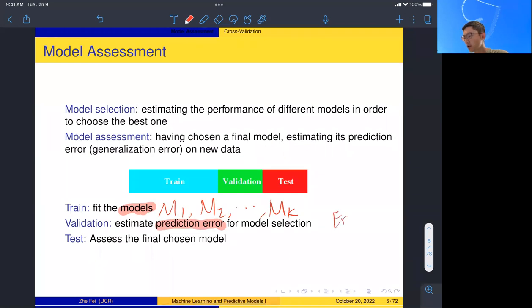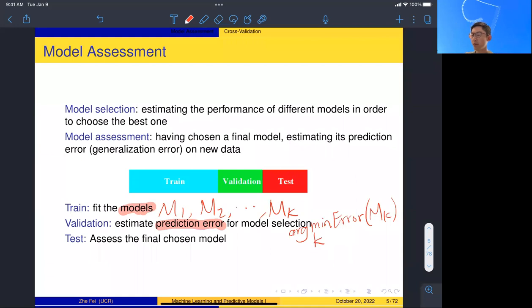In other words, you derive this error for your model MK, and you want to minimize it. It's the arg min over your index of models.